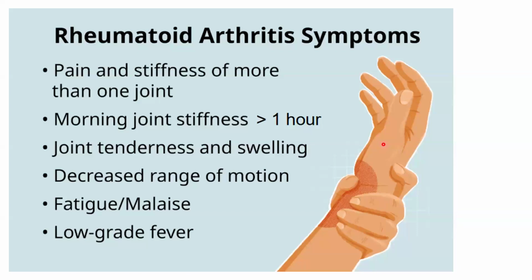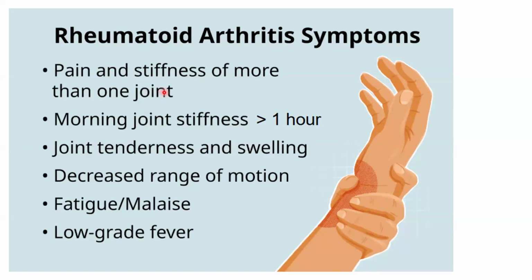So then rheumatoid arthritis, again, you don't need to know all of this in depth, just enough features to be able to diagnose it at the exam, right? So here, pain and stiffness of more than one joint, right? The newest thing with rheumatoid arthritis is you can even have one joint being affected, if there are other features as well.